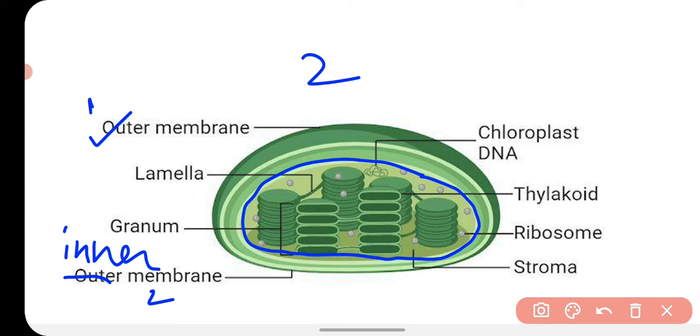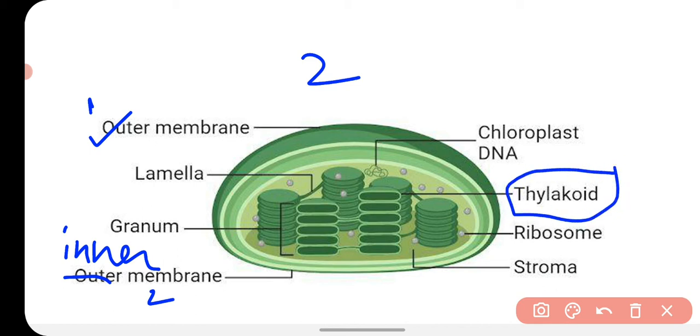Then the space inside the membrane has a fluid that is called stroma, and inside the stroma there is a membrane system made up of thylakoids. Thylakoids are small coin-like structures made up of membrane, and many thylakoids are arranged one above another and make the structure called granum.